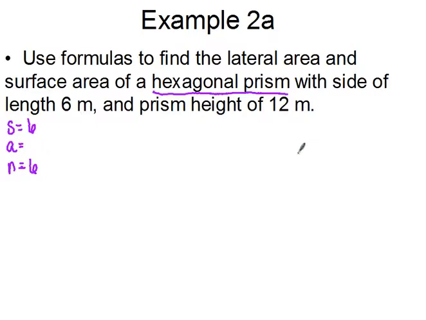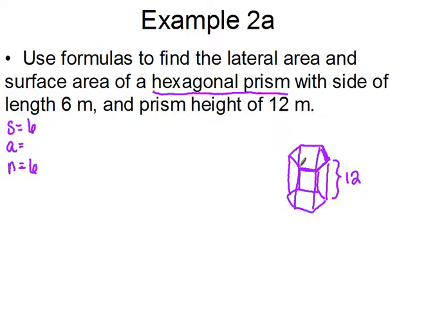So picture you've got a hexagon and another hexagon, and everything is connected up and makes a prism. Okay? The height of the prism is 12. And then each of these sides is 6.